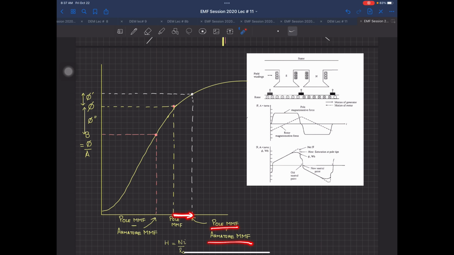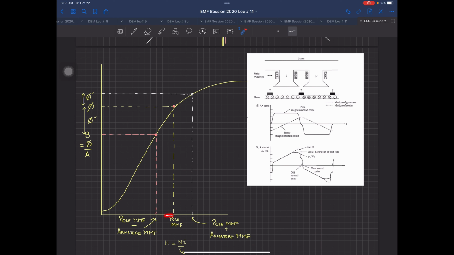But this increase takes you on this curve, and now you are in the saturation region. When you are in the saturation region, the increase is very small. As I told you, when you go into saturation, you put in a lot of current, but your response is very small.